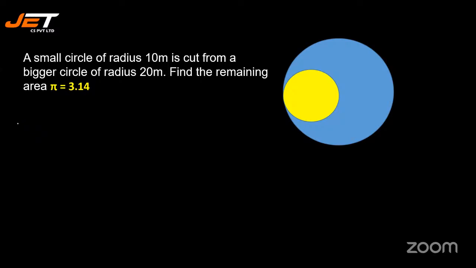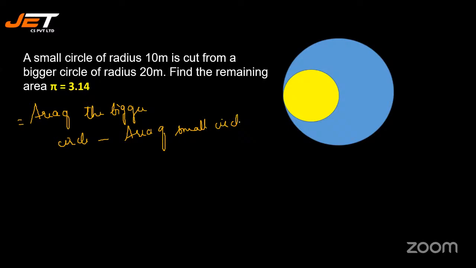So remaining area is equal to area of the bigger circle minus area of the small circle. So what is area of the bigger circle? The formula for the circle is pi into r square.